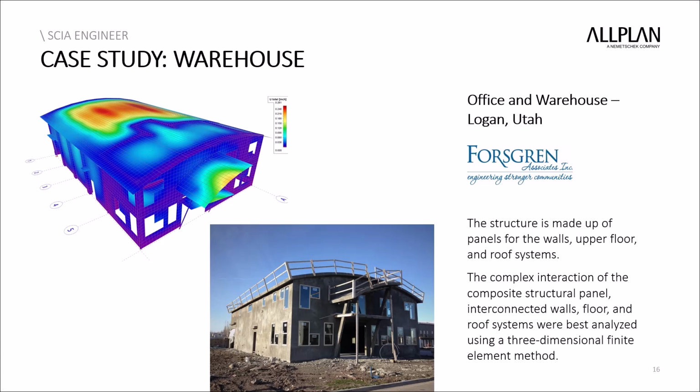The complex layout of all of those panels was easily modeled using the finite element panels within SCIA Engineer, and then design loading was applied to the structure manually and utilizing the integrated wind force generator within SCIA Engineer. The ACI design module then was able to identify locations where additional reinforcement was necessary based on the design checks.